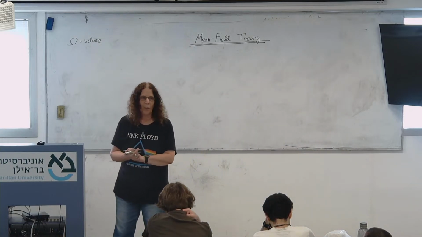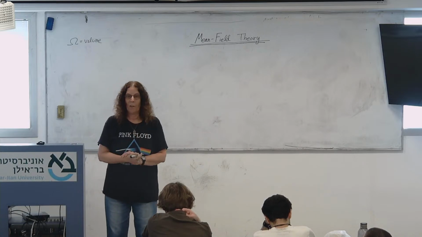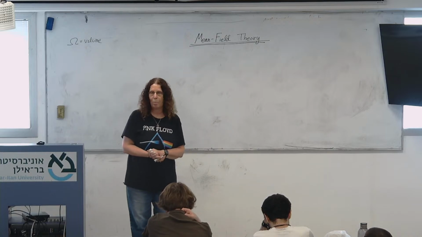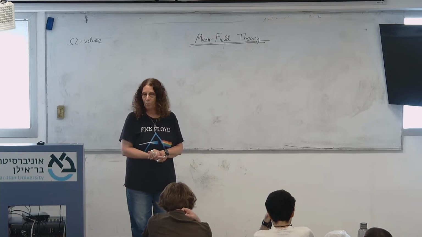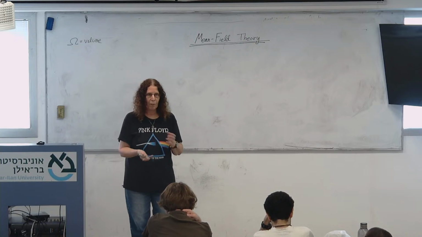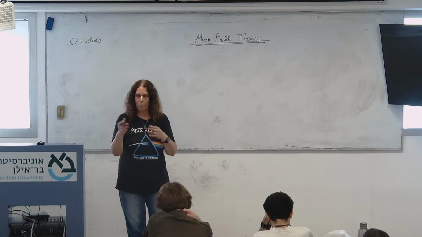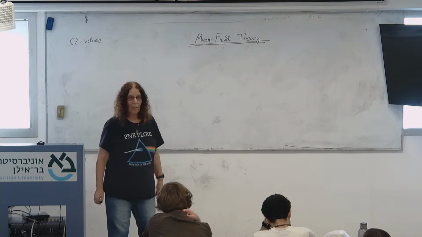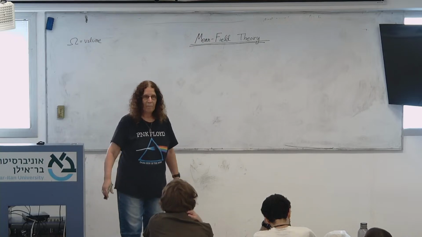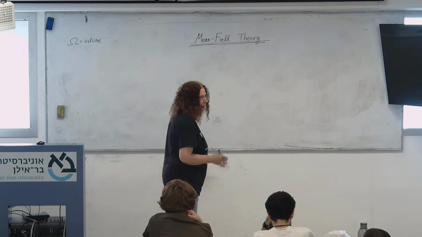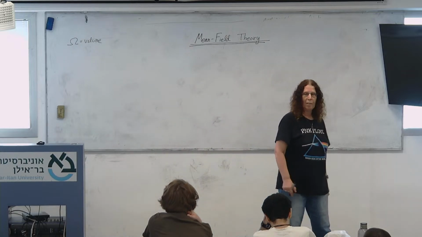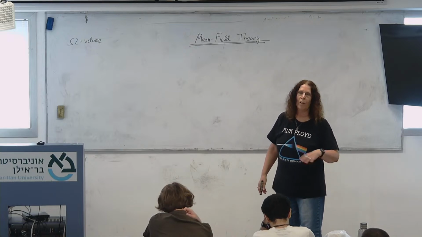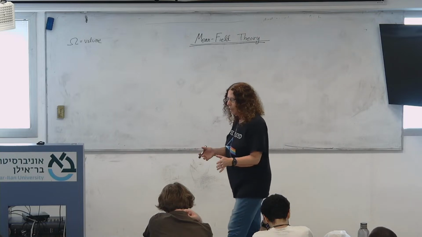First of all, you can have attractive interactions between particles in various instances, but even electrons in a metal can develop attraction because of interactions with phonons, because of all sorts of things. I'm not getting into this, but it is there, okay?